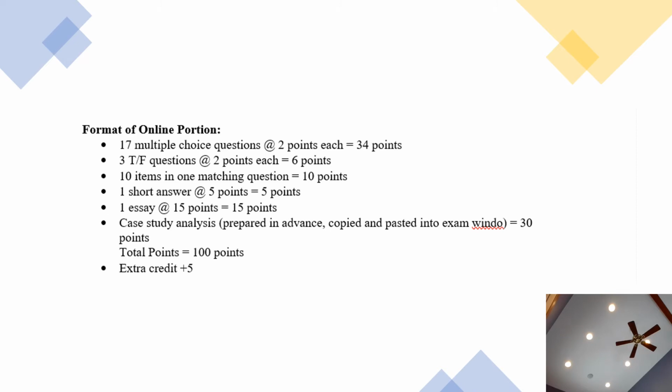Students worry about the essay part. But if you know the material, the essay should not be a problem. I rarely have students who don't finish this portion in the 2 hours allotted. And then the 30 points for the case study. For a total of 100 points, there will be a 5-point extra credit on the exam as well.